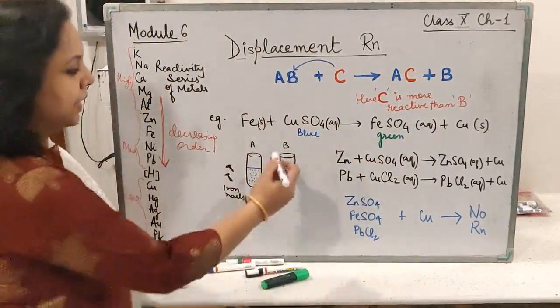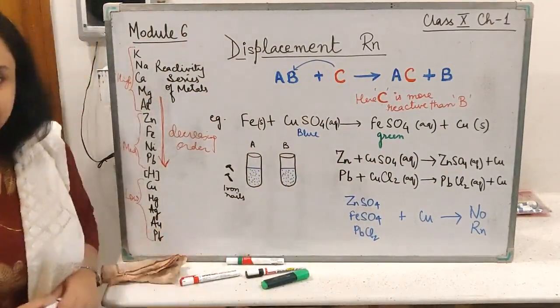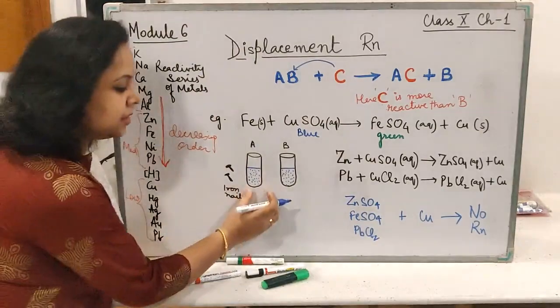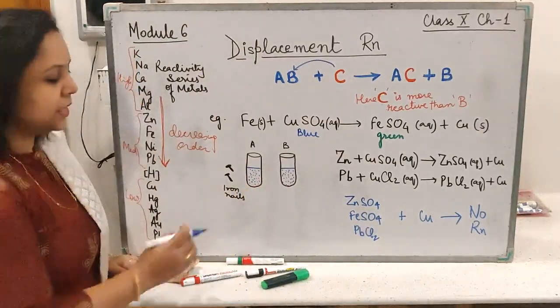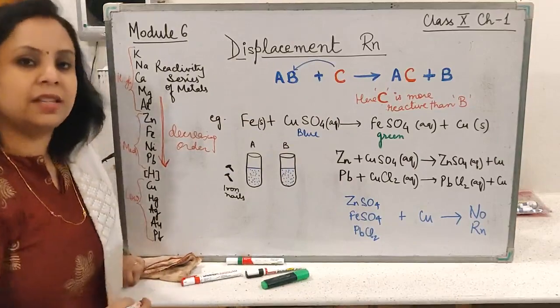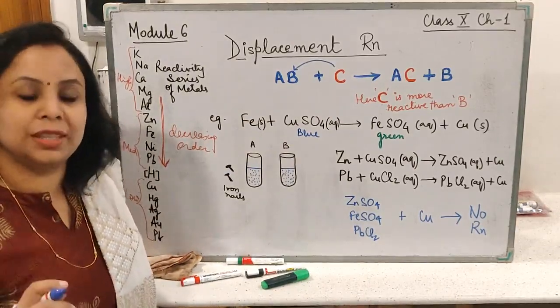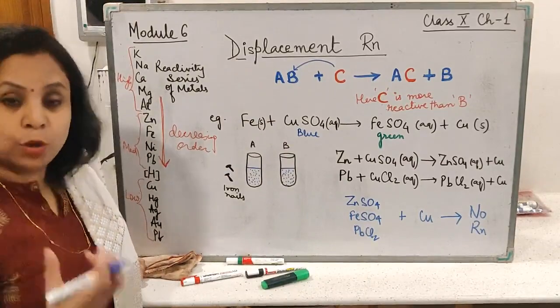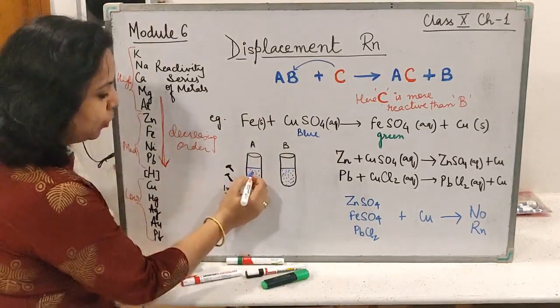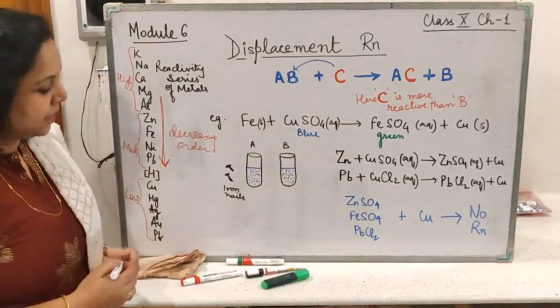Now we'll try to understand this with the help of this activity. These are two small test tubes in which we have taken copper sulfate solution. Now children, as you know, copper sulfate solution is blue in color, so I have shown it with a blue color pen.